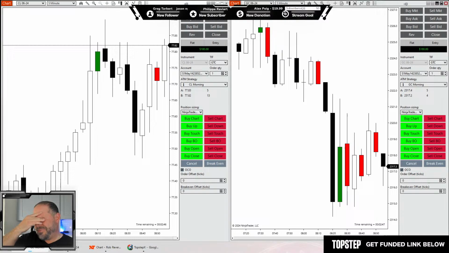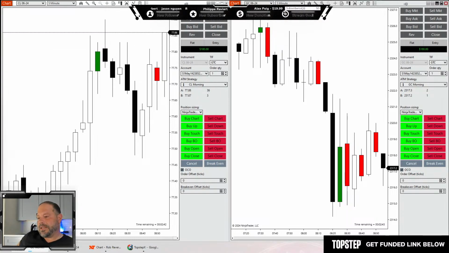So I have kind of messed around with my lot sizes trading the eval, going from 3 micros in oil, 5 micros in gold, and that seemed to have been a pretty decent strategy.